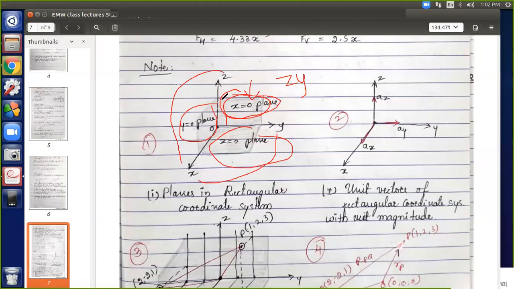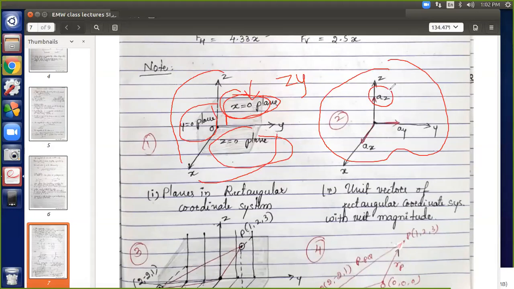The first figure depicts that. The second figure shows the 3 different unit vectors which we associate with any general vector.